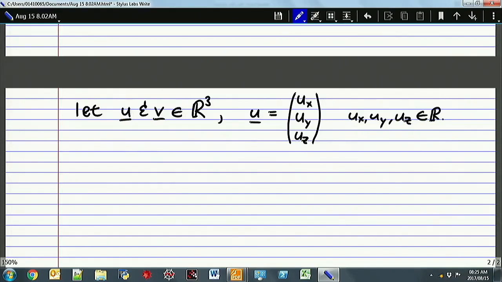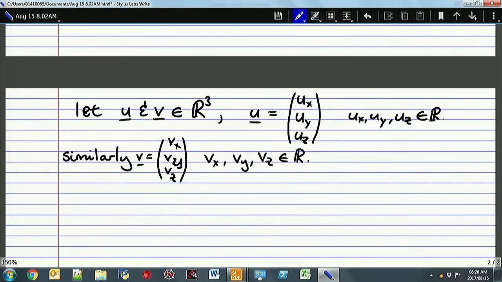So I've written down a very general vector U. Similarly, I can write down V. V is equal to (Vx, Vy, Vz), where Vx, Vy, Vz are all real numbers.